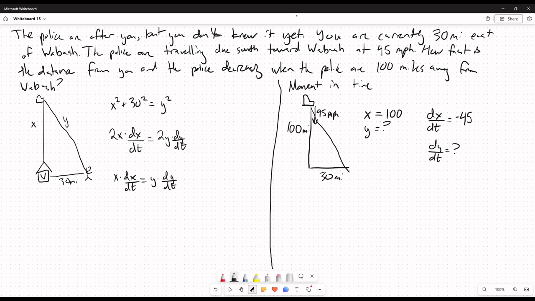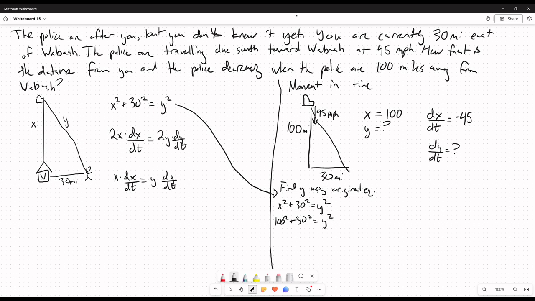So you might notice that I have two question marks, which might seem like a problem. But the good news is I can actually find y using this equation. So we're going to find y using the original equation. We have that x squared plus 30 squared equals y squared. Well, we know x is just 100, so we have 100 squared plus 30 squared equals y squared.